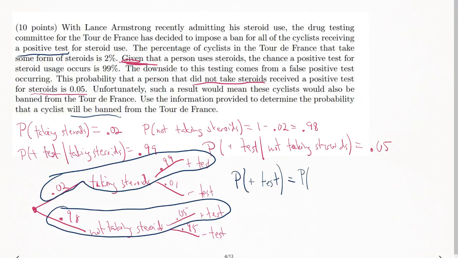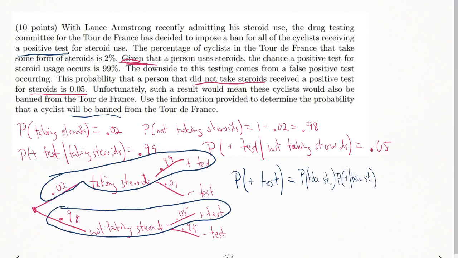So the first scenario, I'm going to try and abbreviate so I can fit it here. Taking steroids, I'll put take ST, times the probability of a positive test. I'll just abbreviate with positive, given that they're taking steroids.